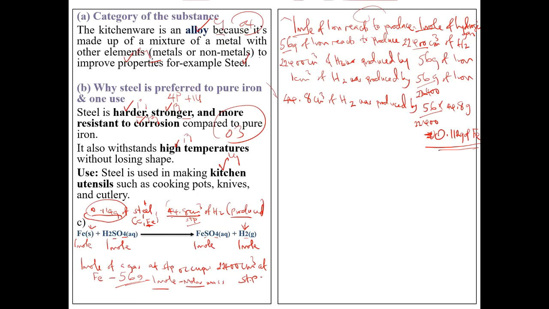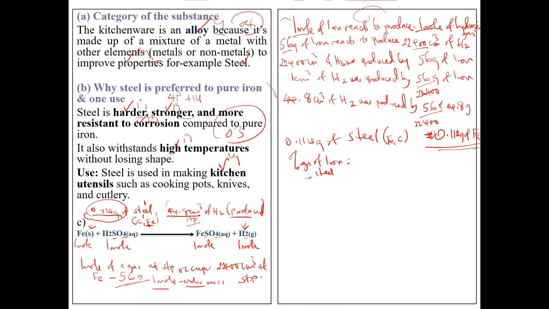So that is the mass of iron that reacted. Are you seeing that? But you recall that it was 0.114 grams of steel. And steel consists of iron and carbon. So you need to get the percentage of iron in steel.